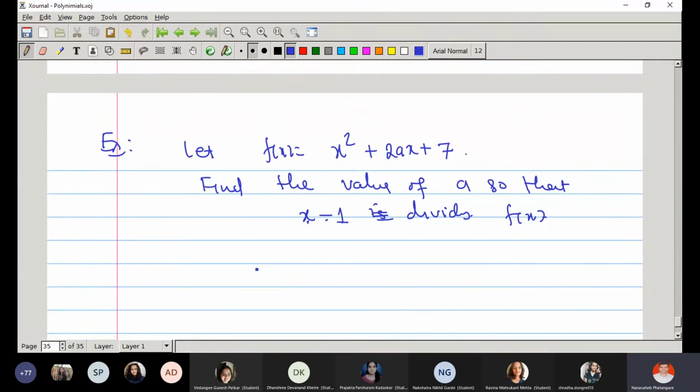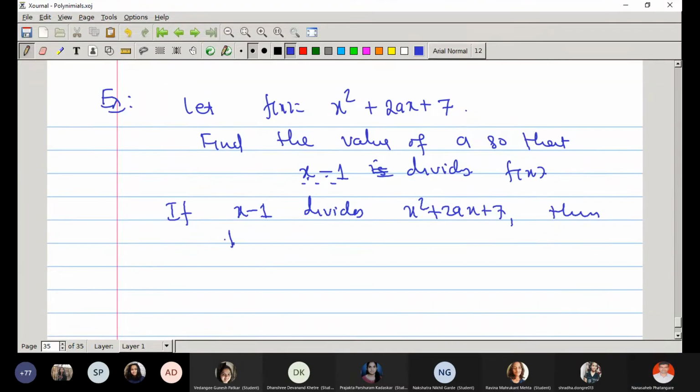How will you find the value of a so that this will divide this polynomial? What is the simple trick? If x minus 1 divides x square plus 2ax plus 7, then the remainder is 0. If this polynomial divides this polynomial, then what should be the remainder? 0.